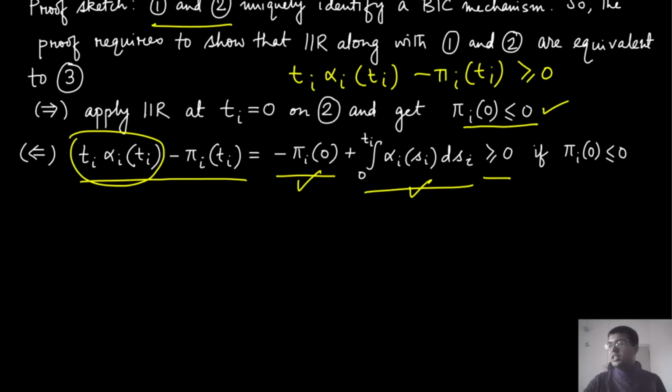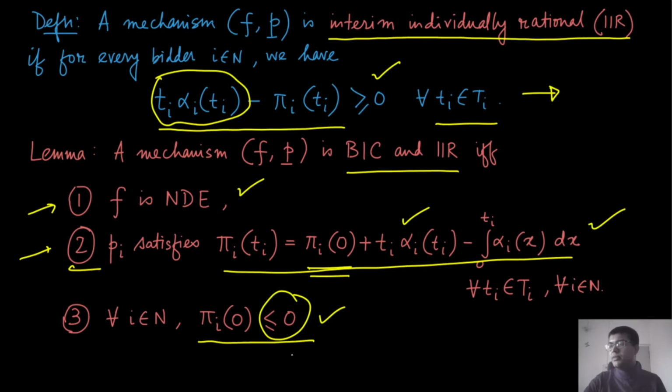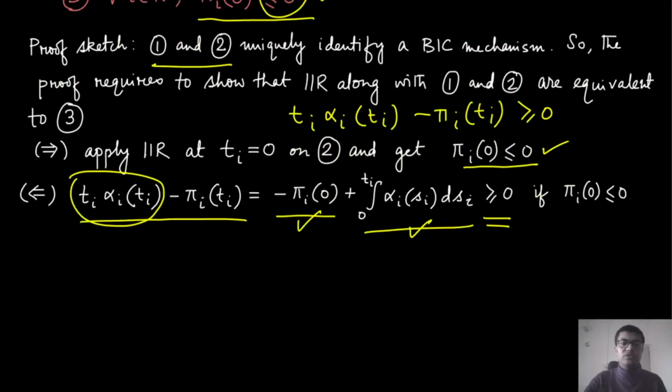So together it is going to be non-negative. So it also satisfies interim individual rationality. So we have shown that 1 and 2 together with IIR, which together are equivalent to BIC, are equivalent to 3. So that essentially proves this theorem.